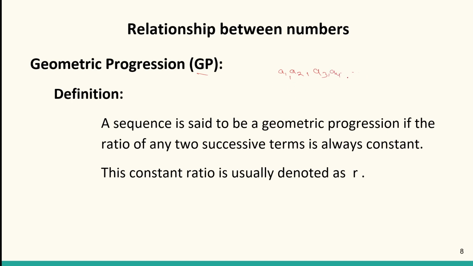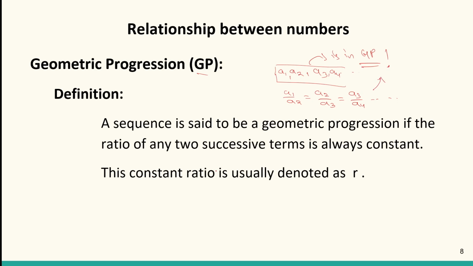If this is a geometric progression, a1 by a2 is equal to a2 by a3 is equal to a3 by a4 and so on. If this holds true, then we say that the sequence is in GP, only by this condition, okay.